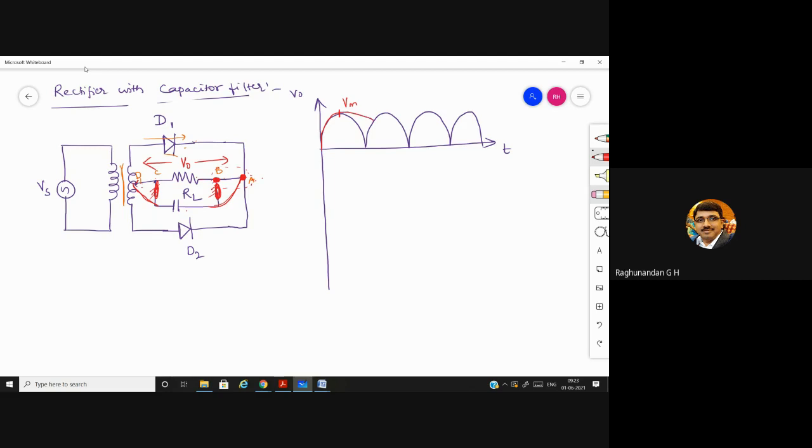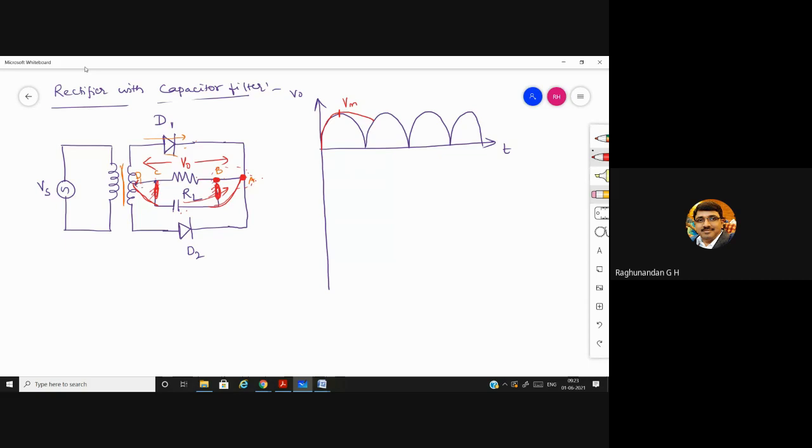Why does it discharge? Potential across A decreases. Yes, because the potential across A decreases, the capacitor has to discharge, because current always has to flow from higher concentration to lower concentration. So when A is at lower concentration and the capacitor at higher concentration, the charges start flowing in this direction. Now the capacitor starts discharging.